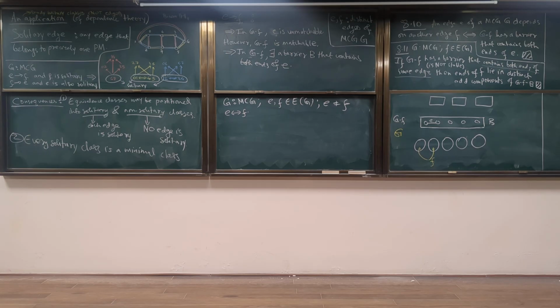This figure we got by assuming E depends on F. But we also know that F depends on E. So can we make more conclusions with regards to this figure? Of course, you can make a separate drawing for replacing F and E, but that's not what we are going to do. We are going to stick to this drawing, right, and make more inferences over here.